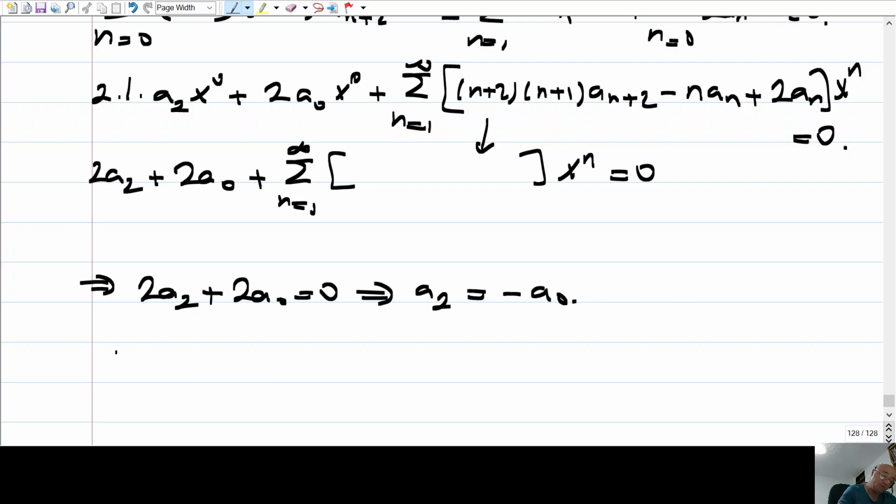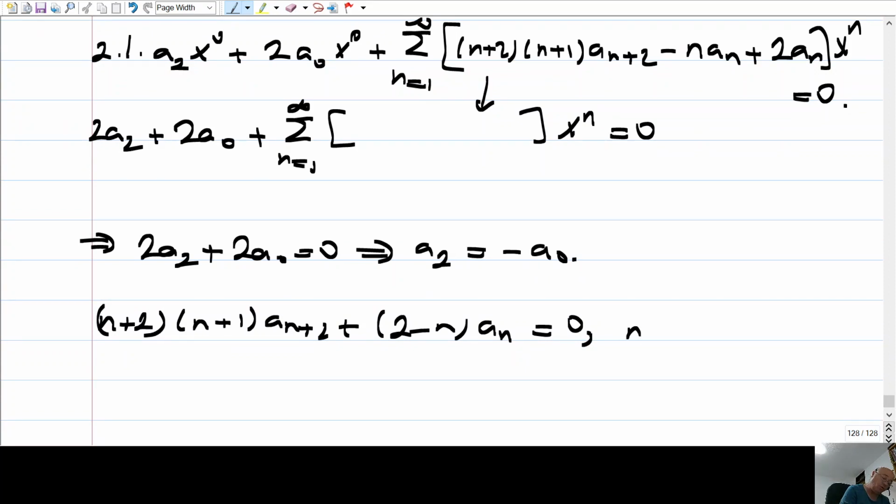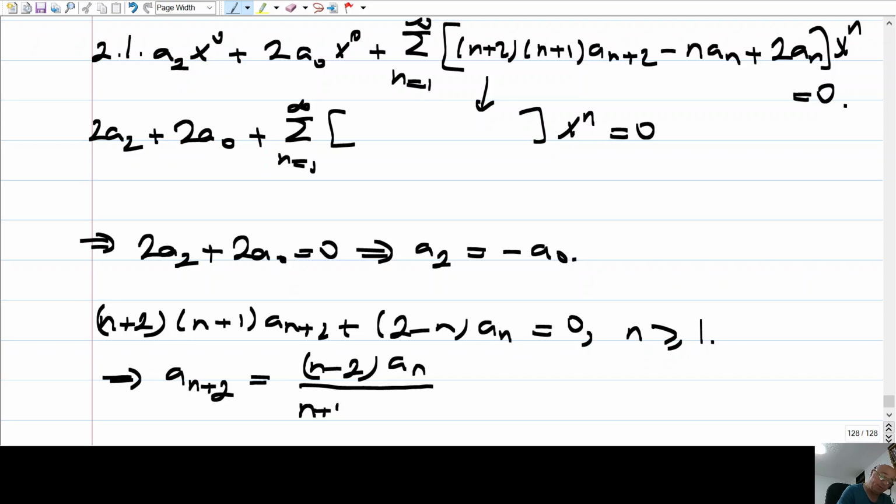And I have this term, which is (n+2)(n+1)a_(n+2) plus (2 minus n)a_n equals 0, and this is true for n larger than or equal to 1. And from this we get a_(n+2) is just, I take this to the other side, (n minus 2) a_n divided by (n+2)(n+1).